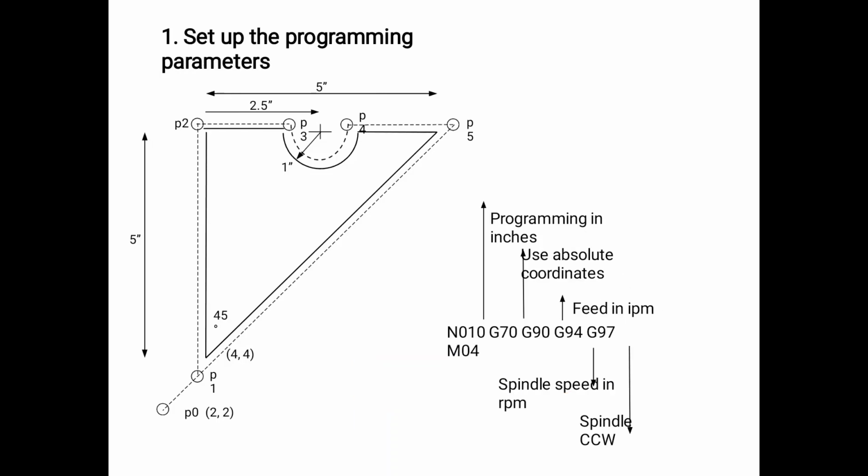These are the mandatory initial selections. Set up the programming parameters: program in inches, use absolute coordinates, feed in inches per minute, spindle speed in rpm, and spindle in the clockwise direction.